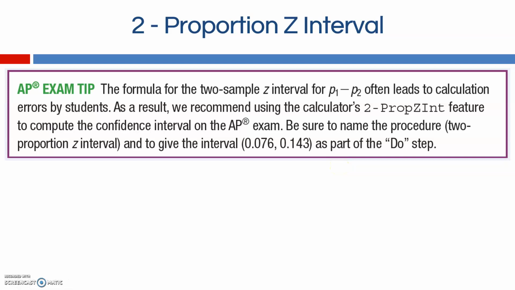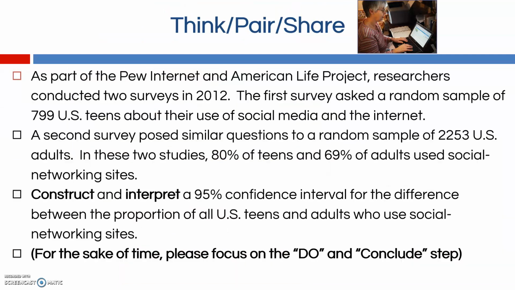So I want to show you guys one more example that involves using the calculator, and that's for this one here. All right, so this one compared 2 random samples of teens versus adults on their use of social media and the internet. And what you'll notice is that they give you the p hat as a percentage, 80%, and your other p hat also as a percentage.